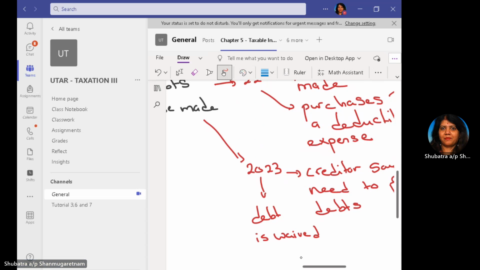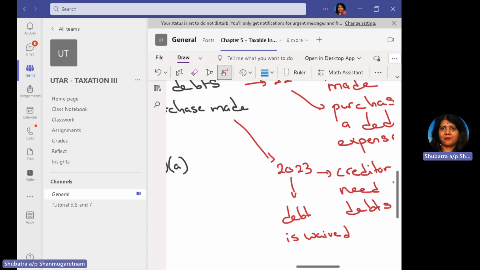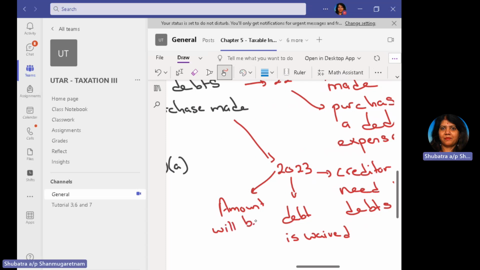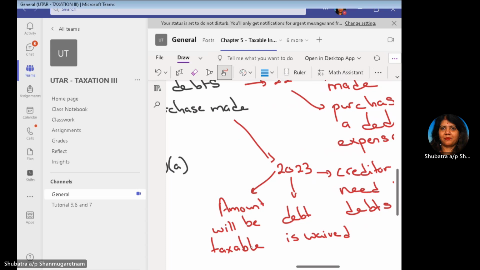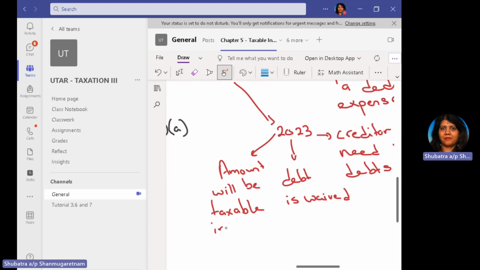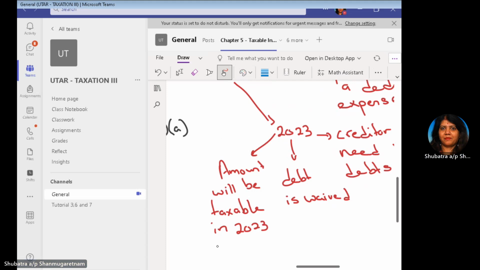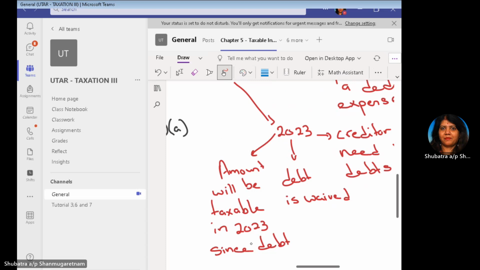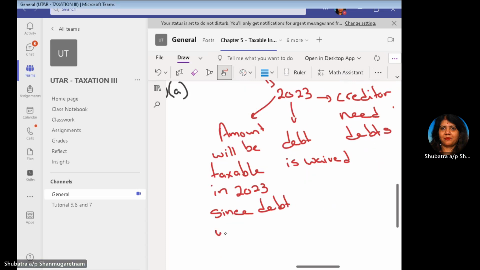Correct? Now, Inland Revenue, did they give you a deduction in 2022? They gave you a deduction in 2022, correct? So in 2023, the amount will be taxable in 2023 since the debt is waived.